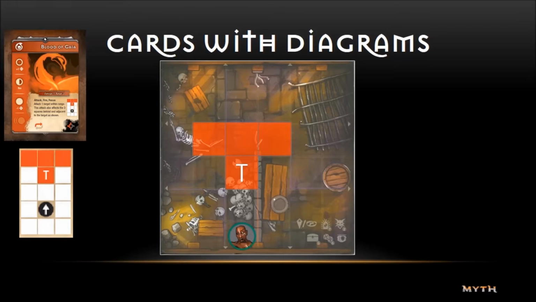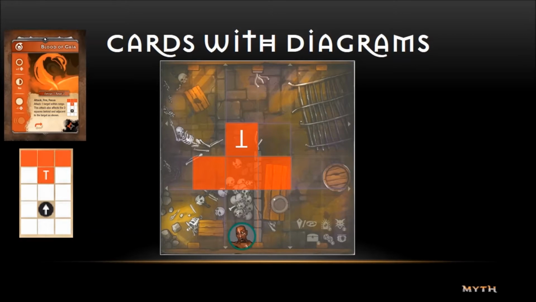I can have it the way I've got here, which is oriented as it is on the card, or you can orient it this way, where the T square, the target square, is 3 away from the apprentice, and I choose to orient the other 3 elements of the cone to the right of the target square, as opposed to where it was before, which was on top of the target square. Again, as players, we are free to choose where we want to put those 3 squares, as long as it follows the diagram shown on the card itself.